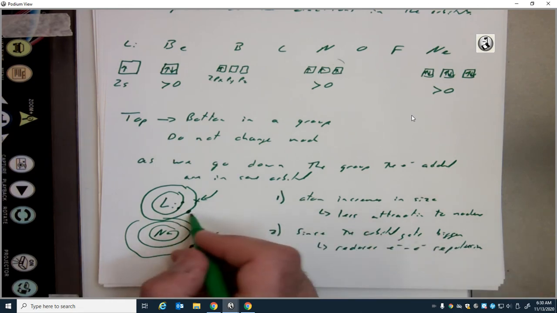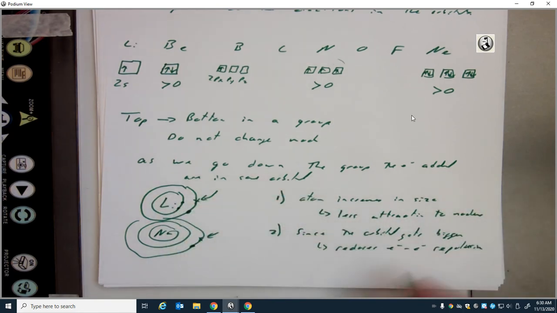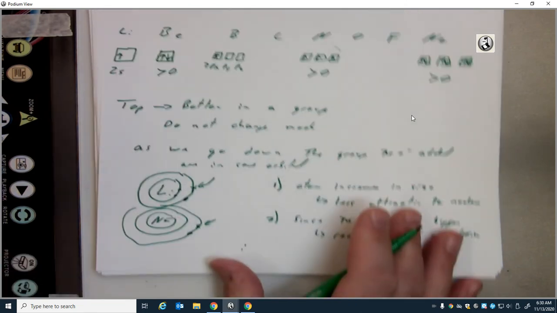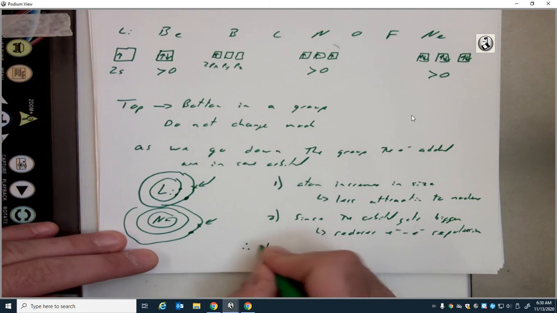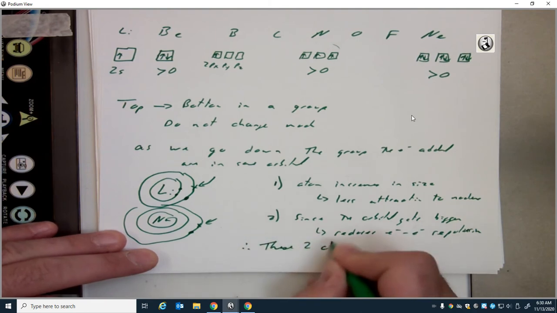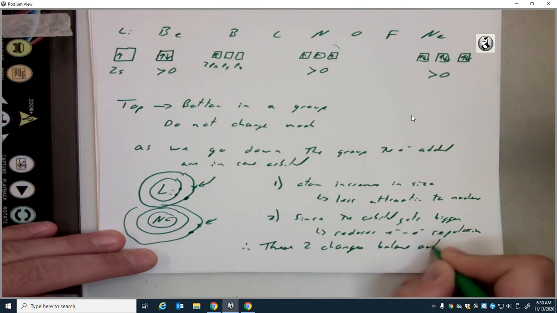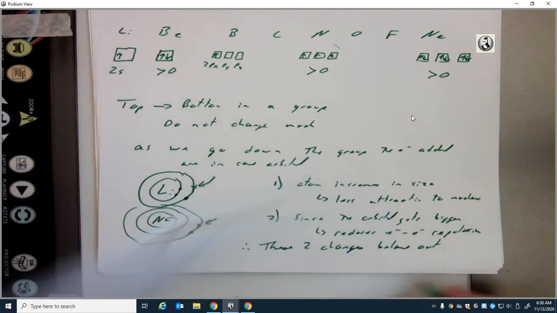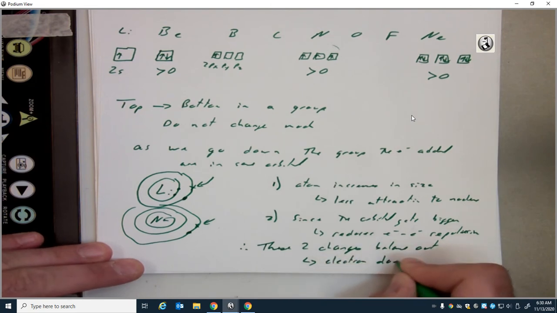So these electrons are repulsed less. So we got two opposite things happening when we add this electron, and it turns out that these two changes balance out. And because they balance out, the electron affinity does not change.